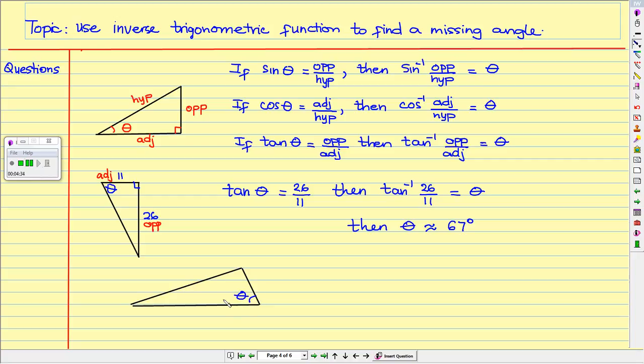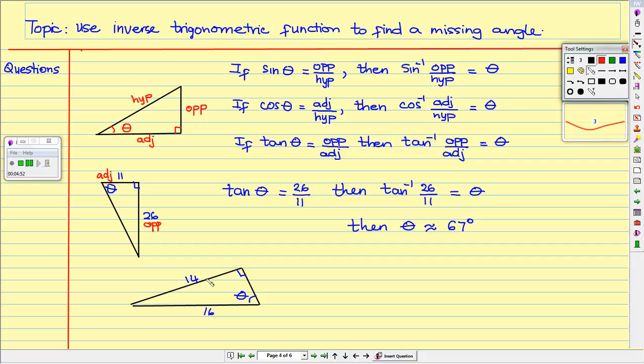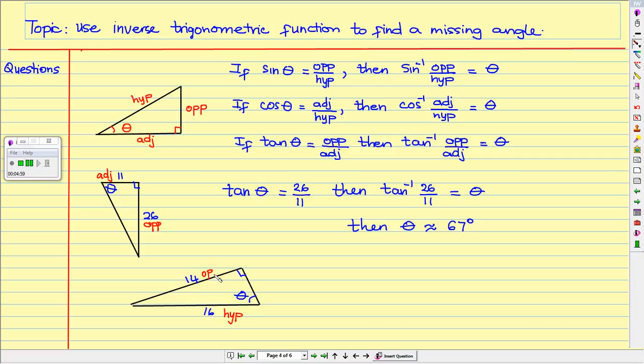Again, we call this the angle theta. We have a right angle. So we know that the side opposite the angle theta is 14 units. The hypotenuse, which is the side opposite 90 degrees, is 16 units. So let's label. This is the hypotenuse. This is the opposite.